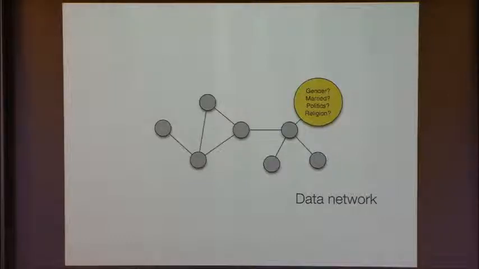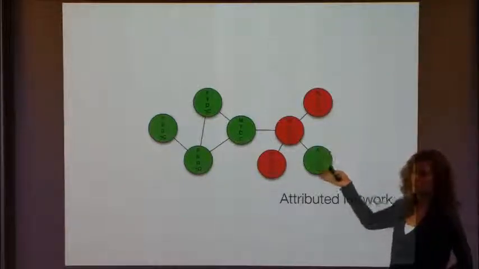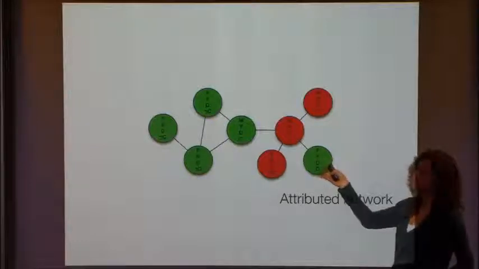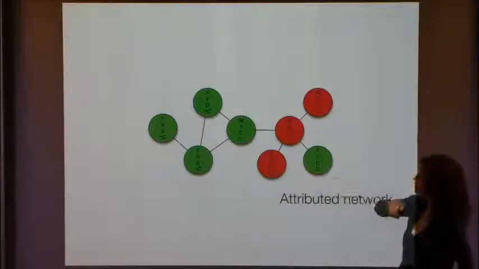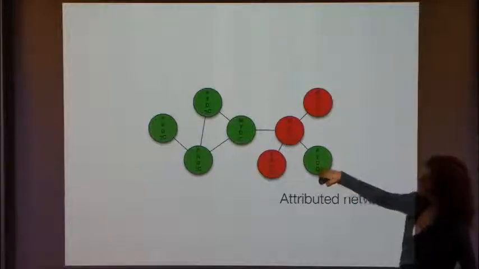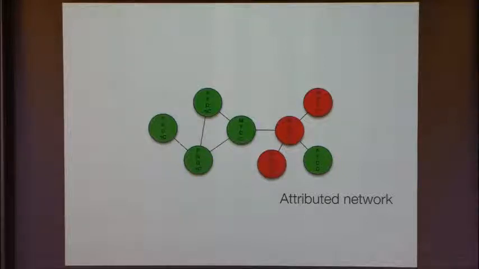So then the data network really looks like this to us, where we now have these nodes that have a number of attribute values in them. And now I've colored them again according to their class label. For example, if we're trying to predict political views, we have the Democrats colored as green and the Republicans or conservatives colored as red. All right, so this is still our view of the data network.